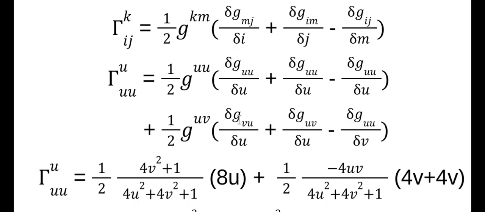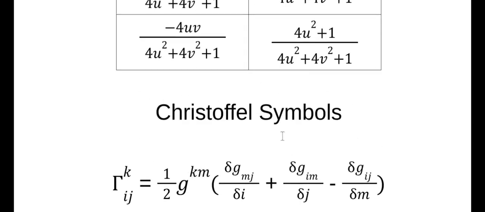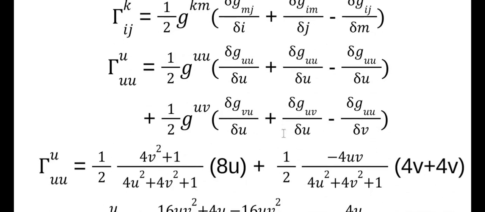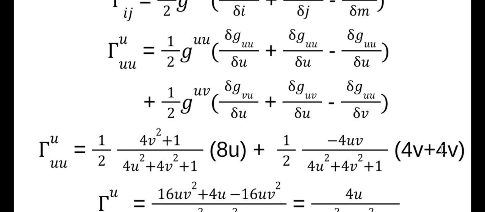This is just 4v, and 4v, so that makes 8v. So we multiply: this 2 makes that a 4.